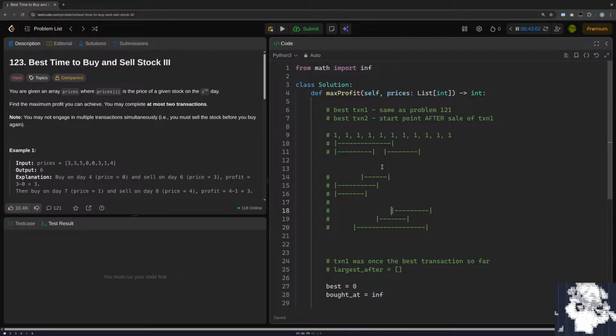If you sort your left candidates and your right candidates by size, by amount of profit, you're going to get something in this pattern. The reason is it wouldn't be a candidate if it didn't end later than a previous candidate, because you're generating them as you go based on what's the best so far.